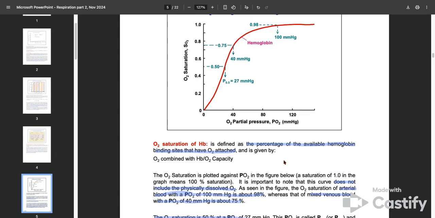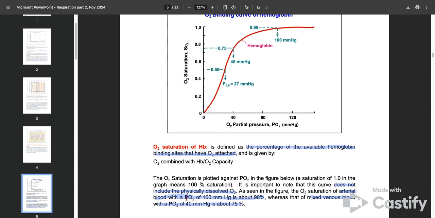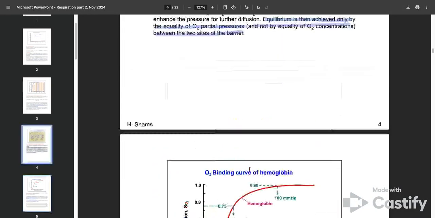As seen in the figure, the oxygen saturation of arterial blood with a partial pressure of 100 millimeters of mercury is about 98%. However, in mixed venous blood with lower partial pressure of oxygen, which is basically 40, you're going to have about 75% saturation.